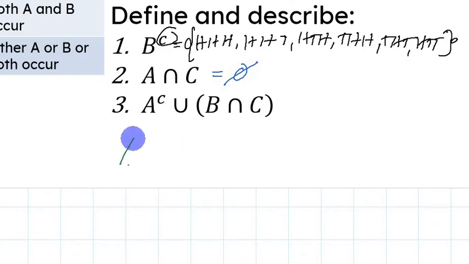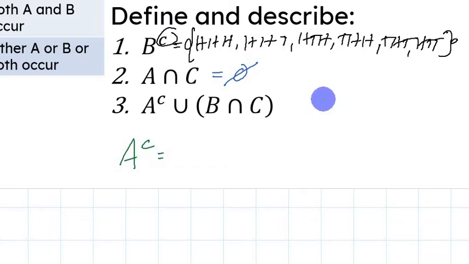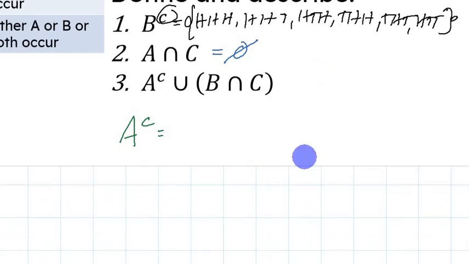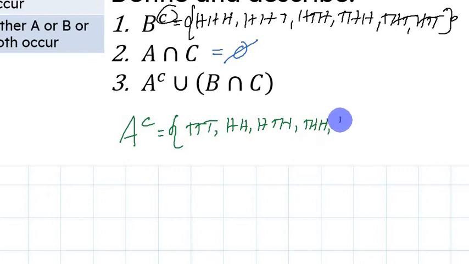A complement would be the set of outcomes wherein one head does not occur. So I just need to get the set of elements wherein not one head occurs. That means I can have no heads, this one, or two heads, or three heads, as long as it's not just one head.